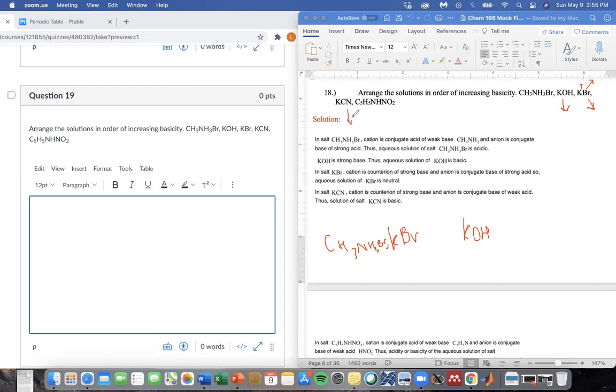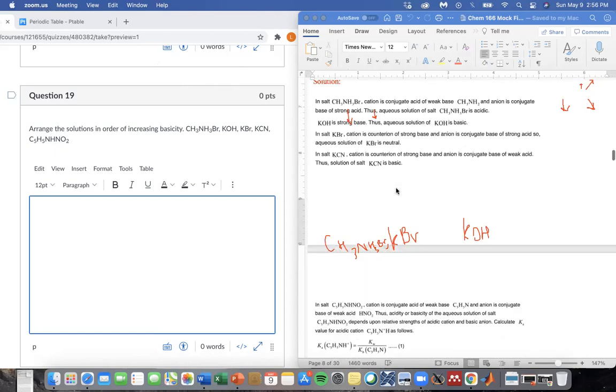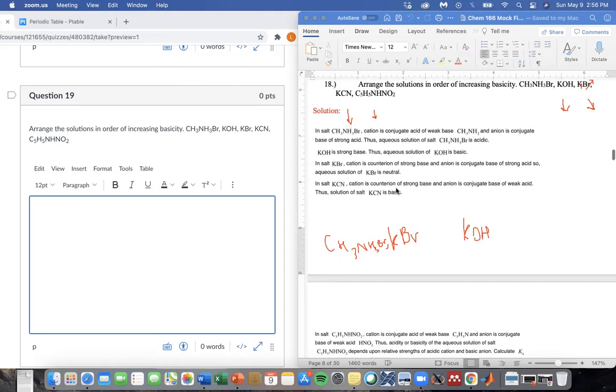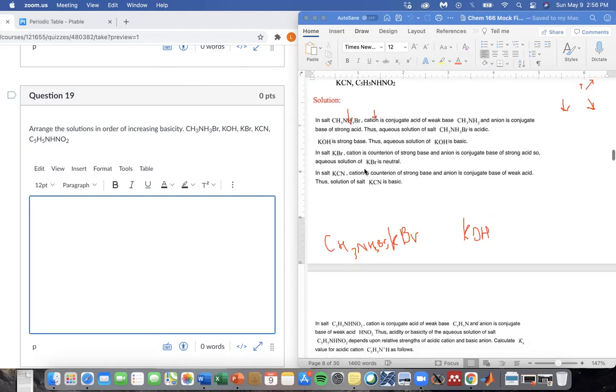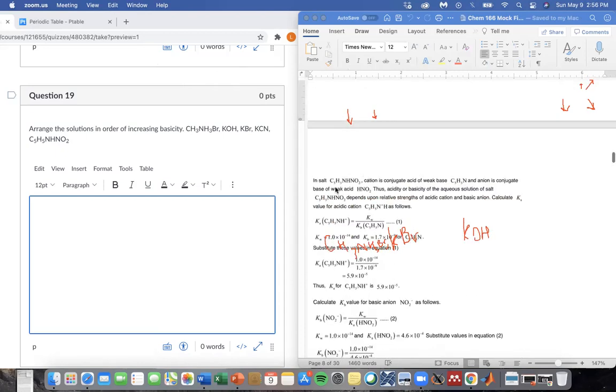But if you compare KCN and C5H5NHNO2, sorry, C5H5NHNO2 is the conjugate acid of the weak base C5H5NO2, and the anion is the weak base of HNO2.